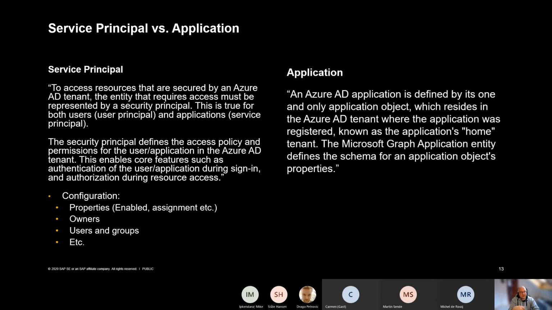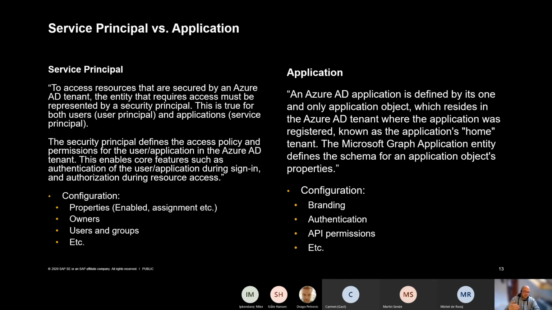Whereas in the application, you can configure the permissions and the claims you're asking for, like calendar read/write, mail read/write, send, the redirect URI, and the authentication mechanism. This is all the stuff you can configure on an application, in your own tenant.